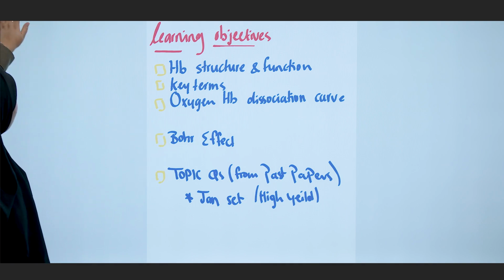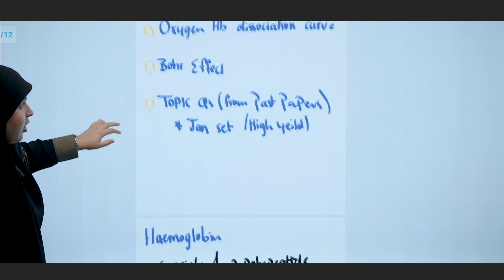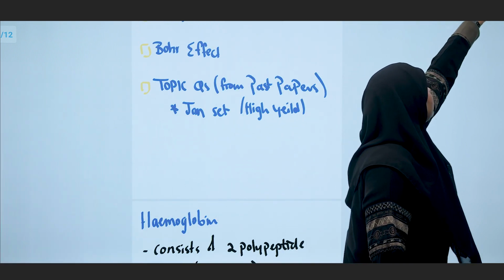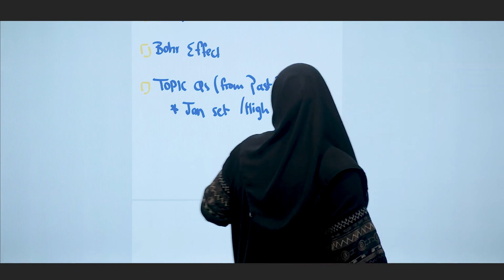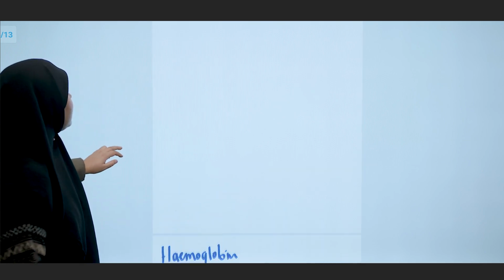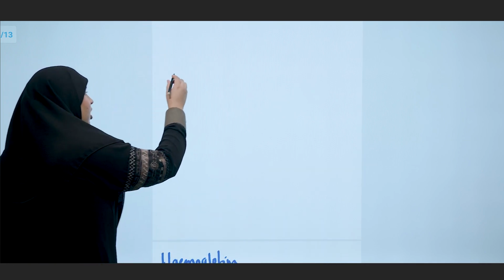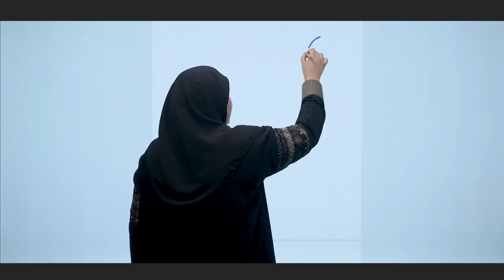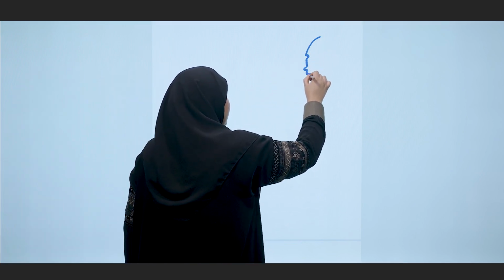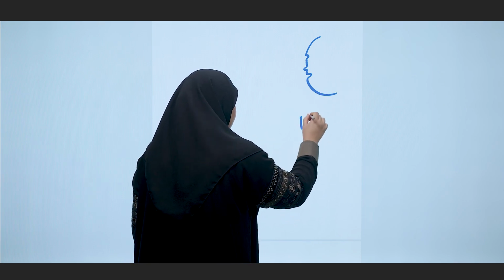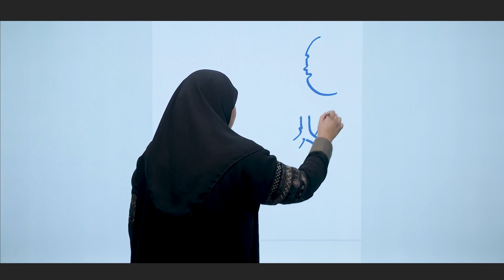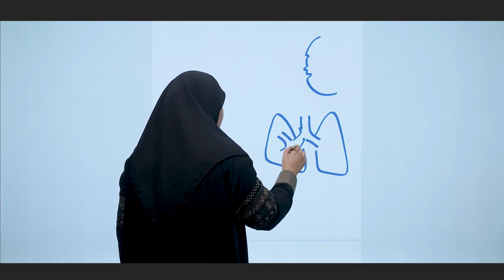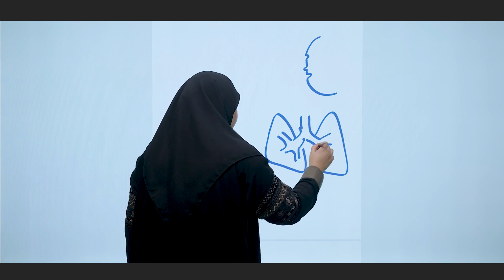Now, inshallah, as I said, we start with the hemoglobin structure and function. If I would like to start talking about oxygen, you already know from IGCSE content that we need oxygen for the cells, right? So if I'm going to make a human in here, I'm going to make the lungs here.